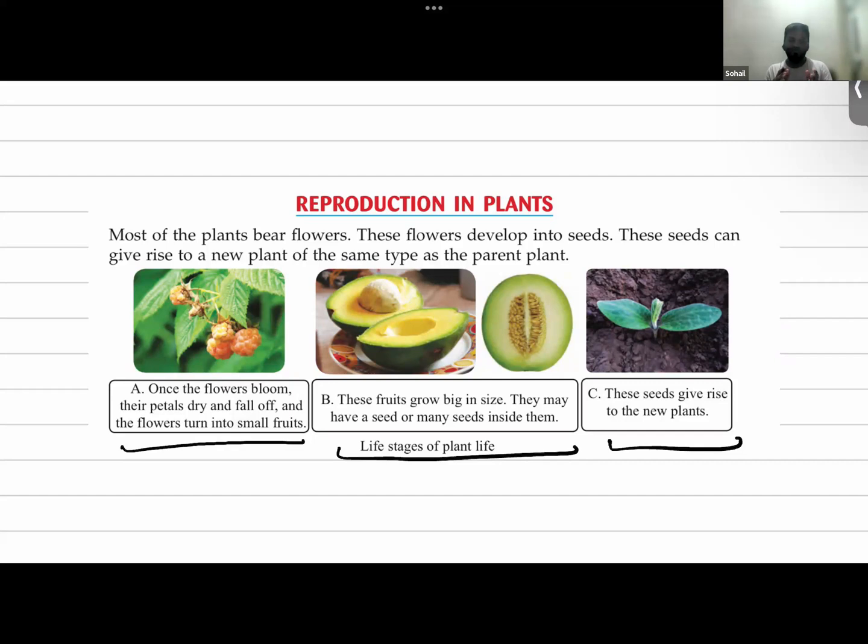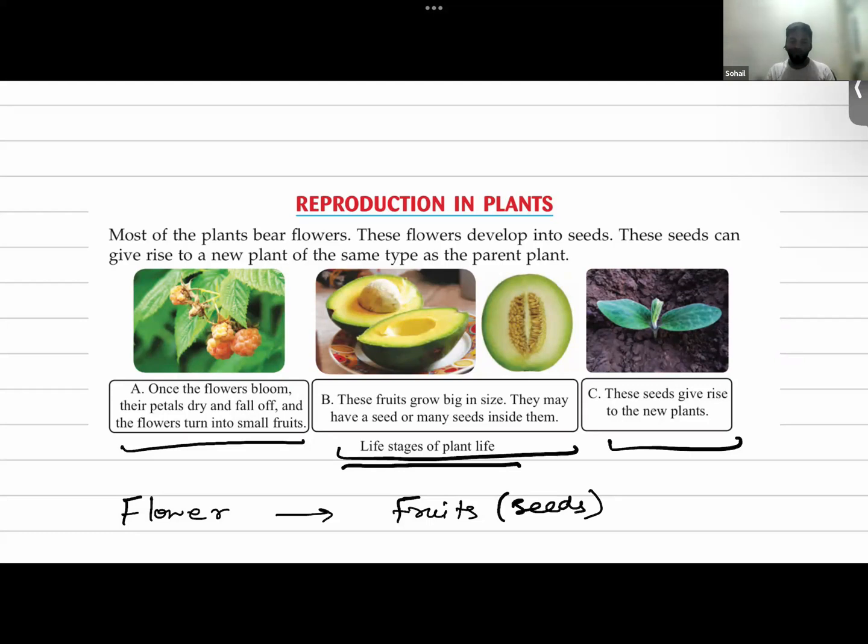Once the plant has started to flower, that flower will later convert into fruit, and fruits have seeds in them. When those seeds fall into the ground, a new plant will arise out of it. So that is in short the complete life stage of a plant.